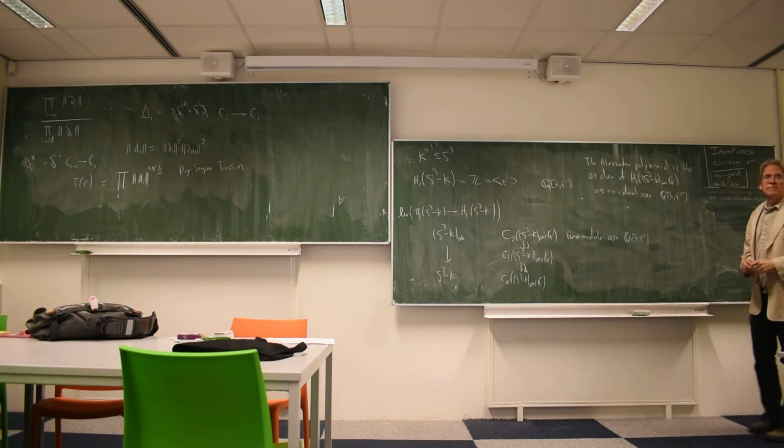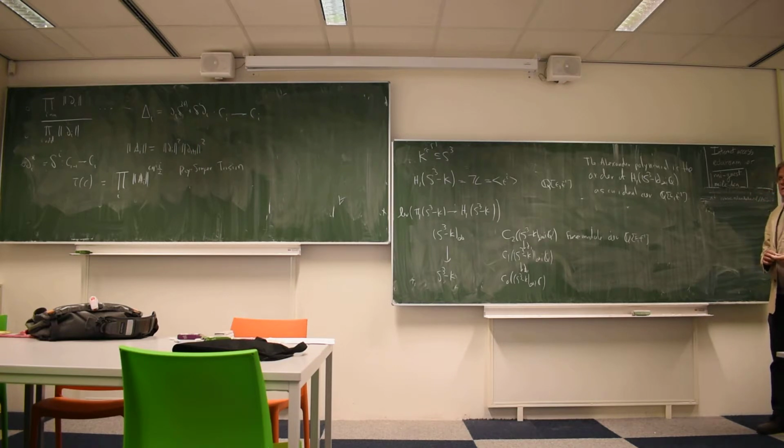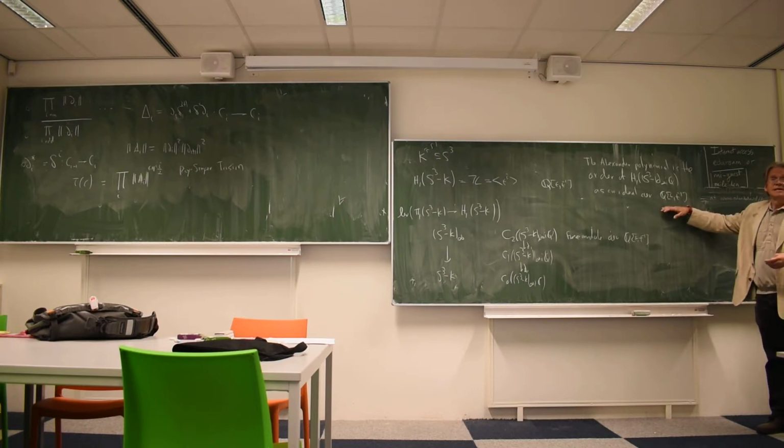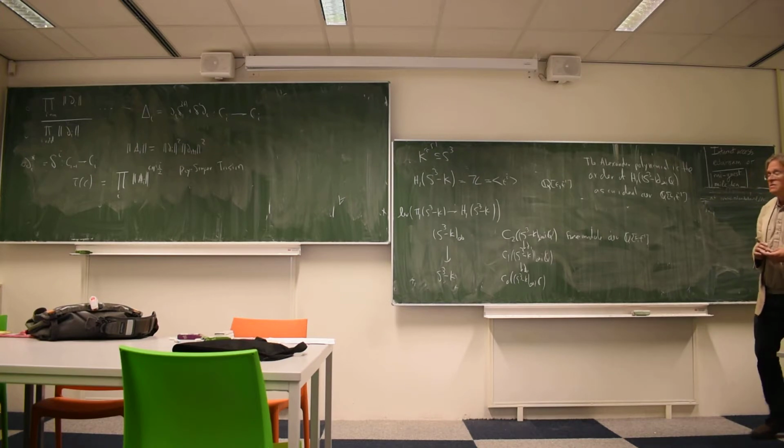So if you just present it and then take the determinant of the matrix you presented it with, a square matrix, that's the Alexander polynomial up to a unit. It's just the order of that module.